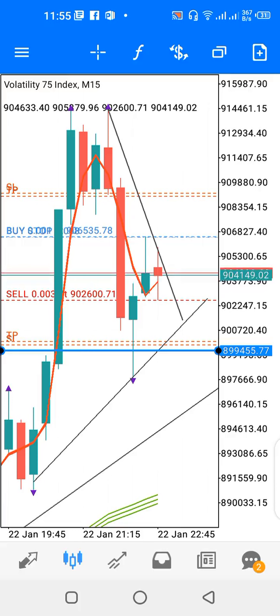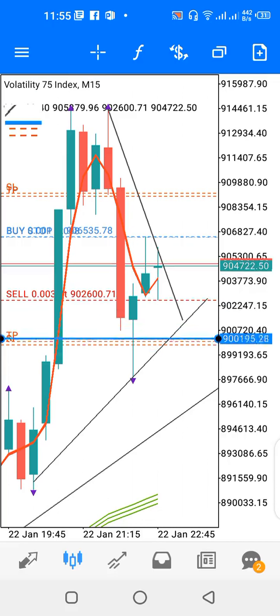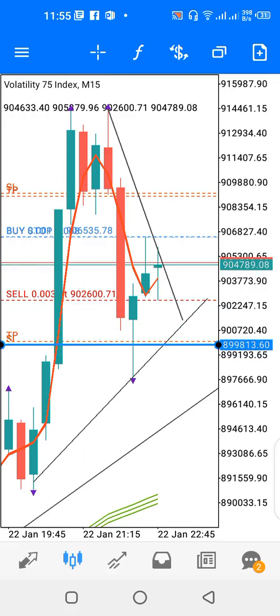For this current strategy, you can either win or break even. But for the advanced part of the Grail Hedge strategy, you don't get to lose, you only win. Okay, that'll be in another video. Make sure you watch out for that video, the advanced Grail Hedge strategy. It's a very good one.